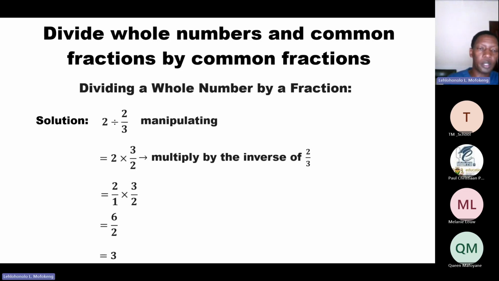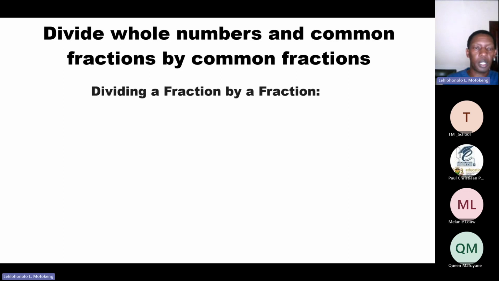And then let's go on. We are also going to divide a fraction by a fraction now. We have seen that 2 can be written as a fraction, which is 2/1.